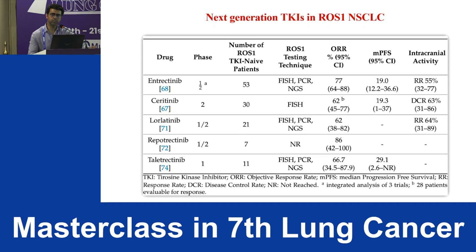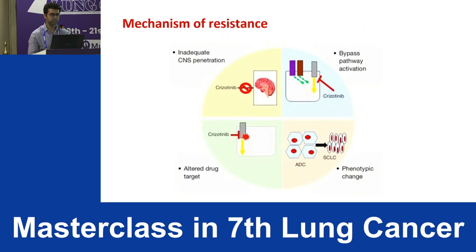There are also newer generation ROS1 TKIs that have been approved, including entrectinib and repotrectinib. So these three TKIs have been approved by the FDA in the first-line setting of ROS1 positive NSCLC. Apart from that, the other next generation TKIs include ceritinib, lorlatinib, and taletrectinib. These have good efficacy in first-line ROS1 positive NSCLC as well.